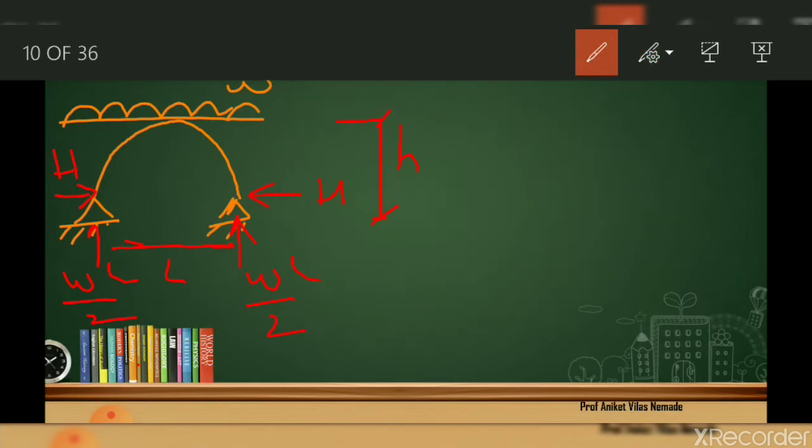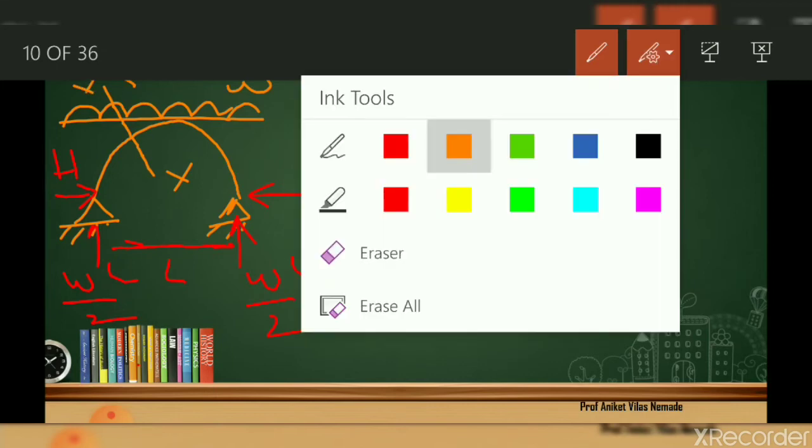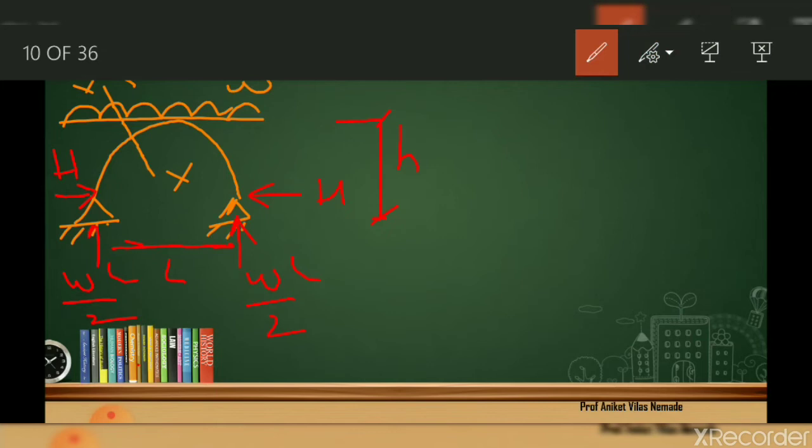If you consider this location XX, you need to find the bending moment equation about that XX. This is your x distance, and at that point this is your y distance.